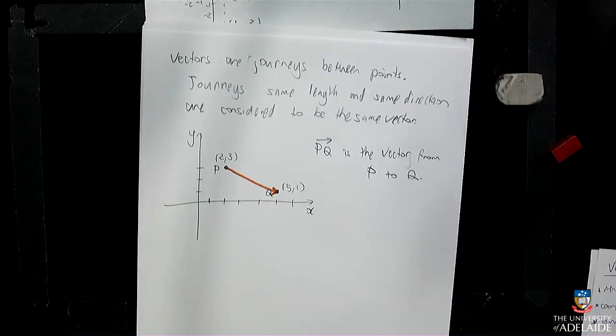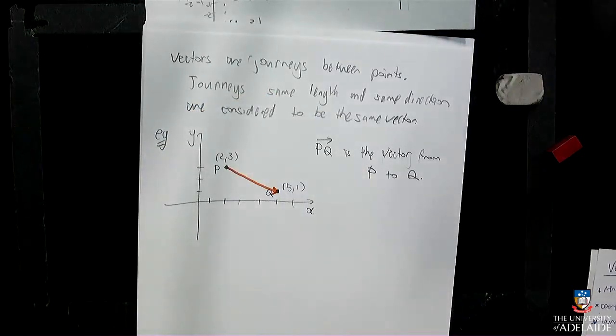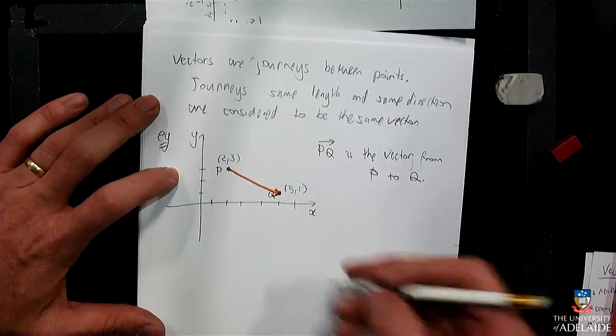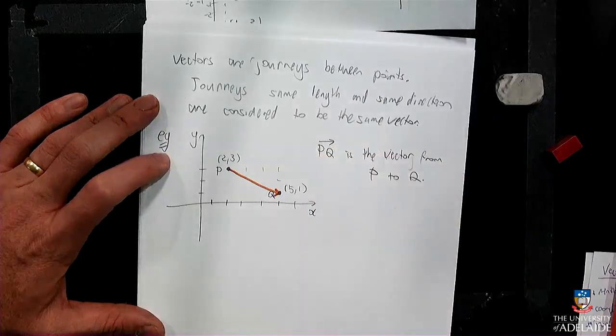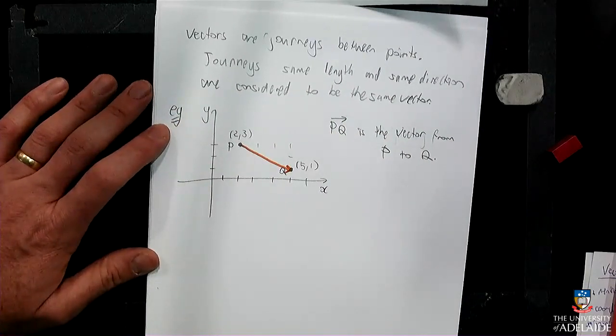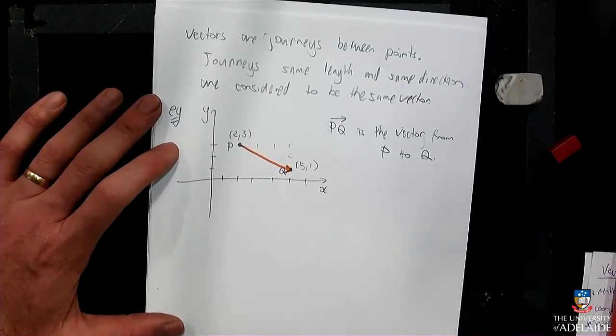So what I meant was, when I said that journeys that are the same length and direction are the same, you'll see that this one goes across 1, 2, 3 and down 2. Okay? So anything that goes in that direction for that distance is the same vector.